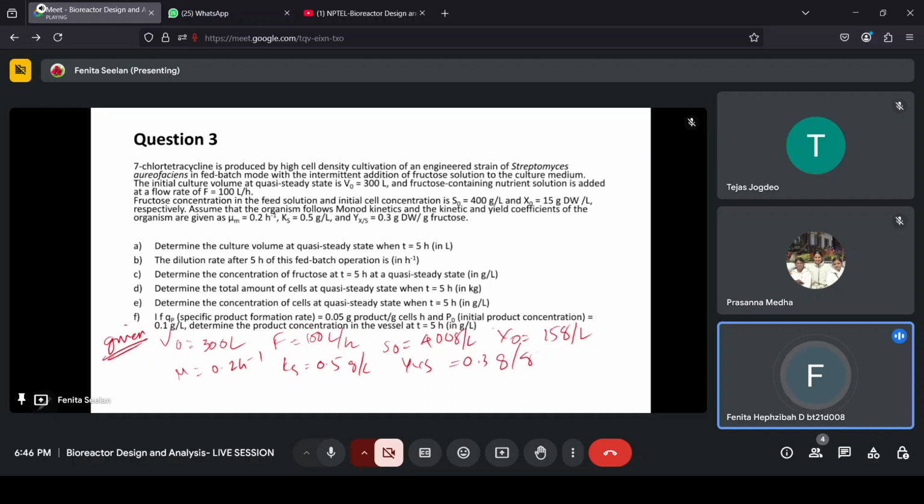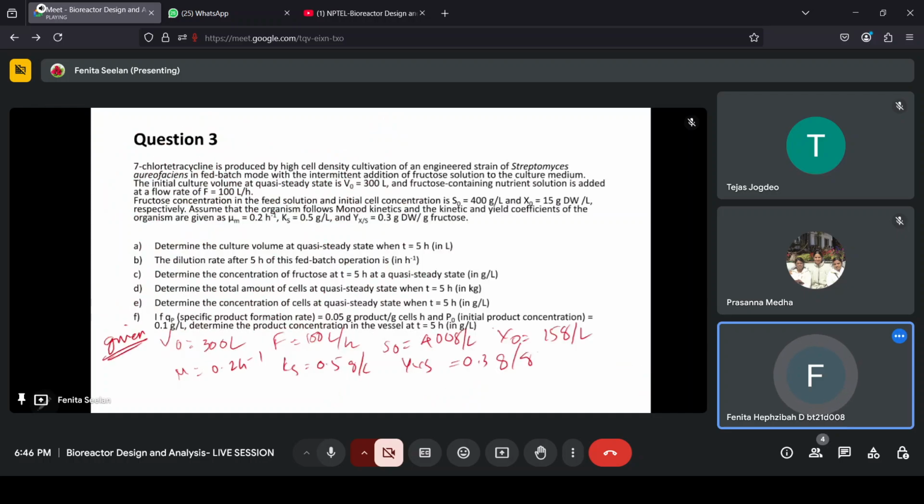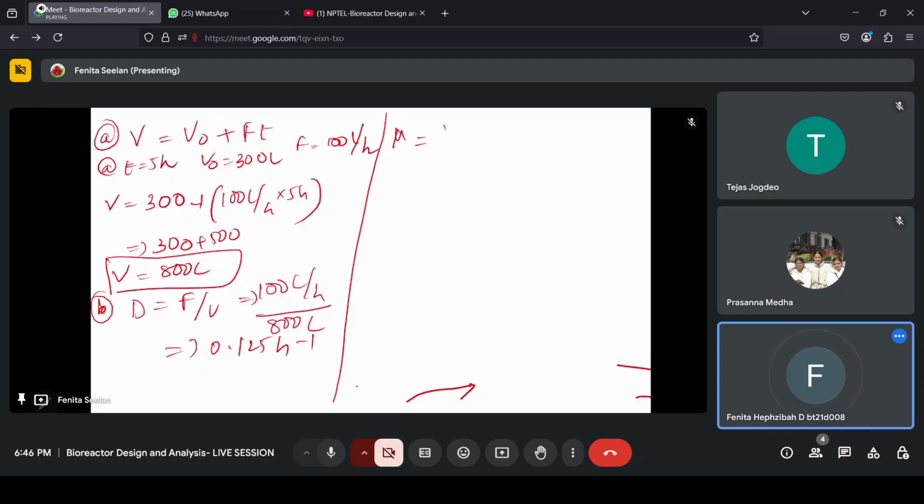And it is told that the culture follows Monod's kinetics. So mu is equal to mu max S by Ks plus S, and at quasi steady state D is approximately equal to mu, which means mu is equal to D is equal to mu max S by Ks plus S.